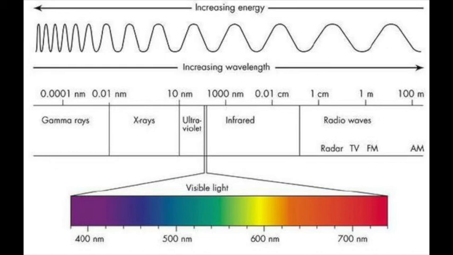Starting from the shortest wavelength and going to the longest, first there are gamma rays, then X-rays, then ultraviolet, then visible light, then infrared and radio waves. Gamma rays are usually 0.0001 nanometers, while radio waves can reach up to 100 meters.